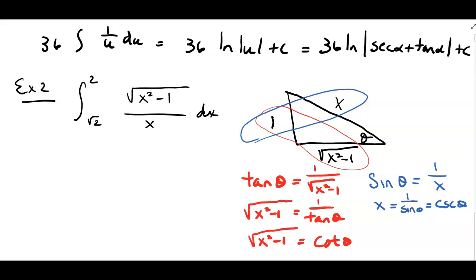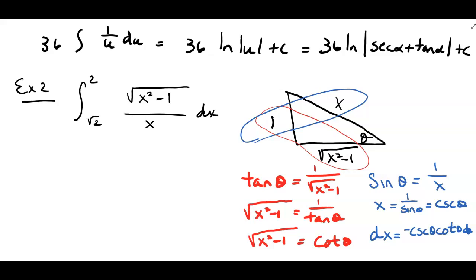And remember, this is the one we're going to use to get our dx substitution. So dx is going to be the derivative of cosecant theta, which is negative cosecant theta cotan theta. And don't forget d theta at the end, because it's dx over d theta. So the d theta moves to the other side.